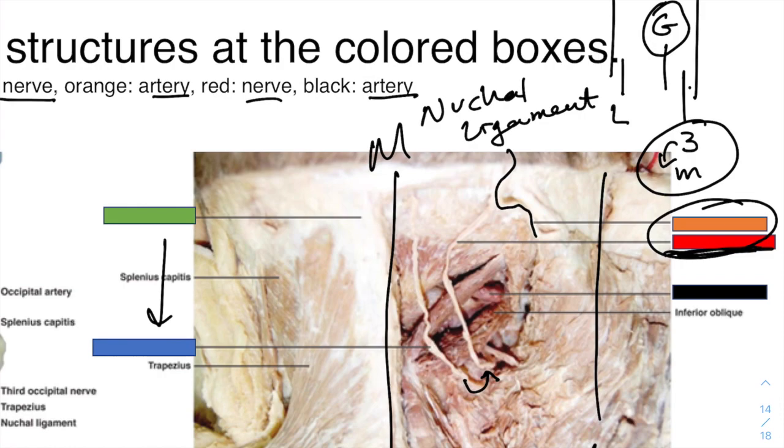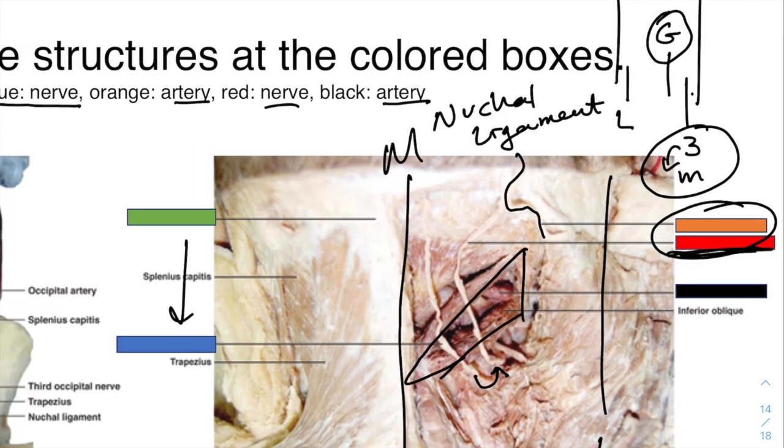The occipital artery is going to be very superficial, and the other artery in black is going to be the vertebral artery, and that's going to be contained within your suboccipital triangle, which is literally just a pseudo triangle formed by the obliquus capitis muscles and the rectus capitis posterior major.